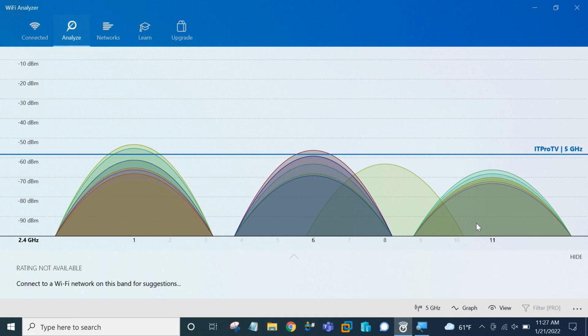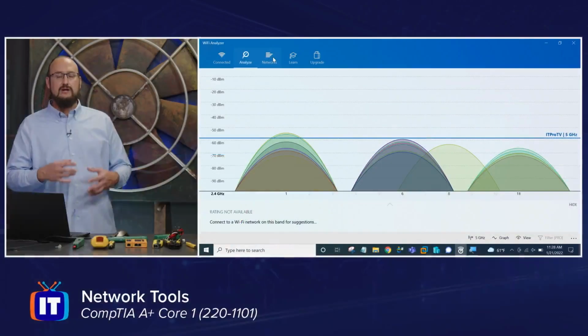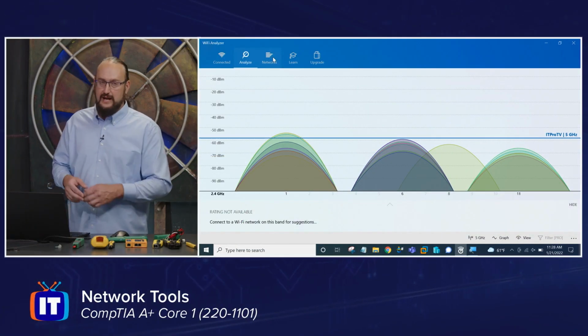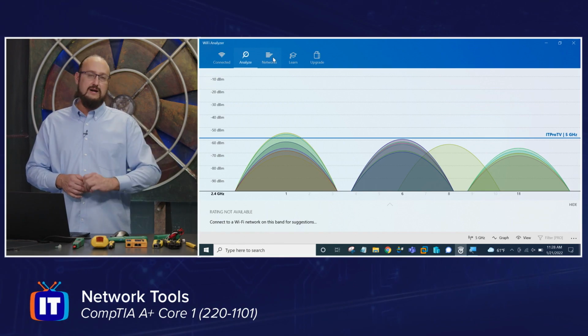It's a very good way to get an overall analysis of your wireless network, the signal strength, and the surrounding wireless networks, so that you can make plans and decisions and even troubleshoot and diagnose the wireless networks within your infrastructure. So Wi-Fi Analyzer, very, very handy utility.